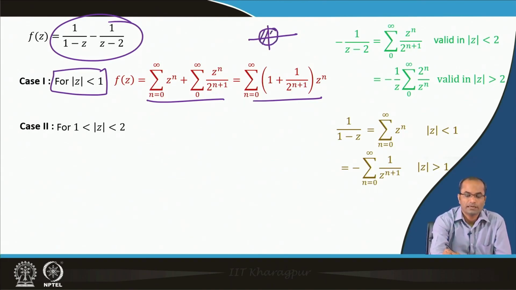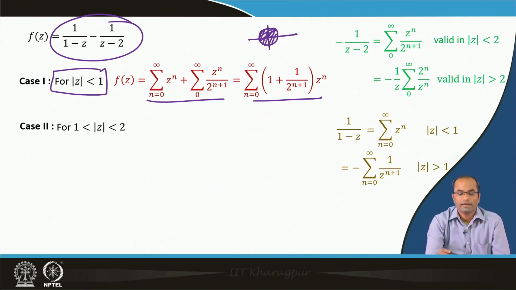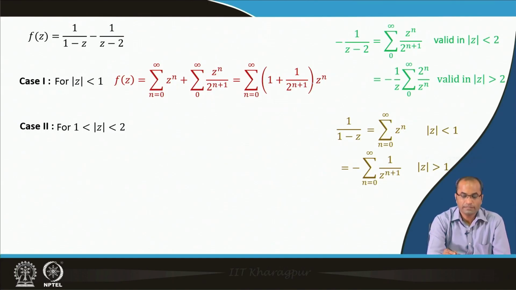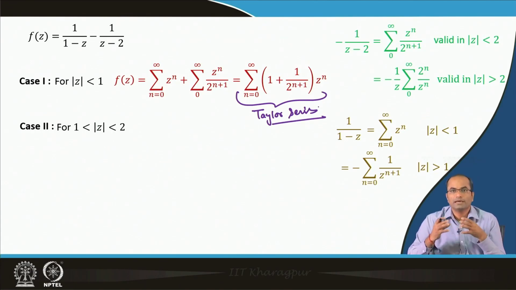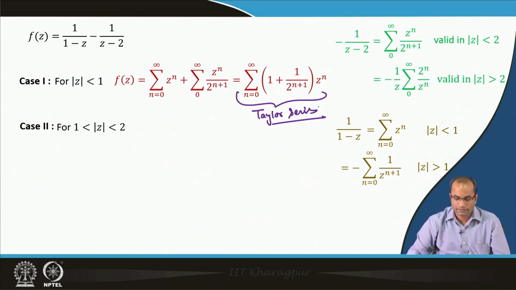The first point where the analyticity breaks down is z equal to 1. So, in mod z less than 1 the function is analytic, and hence we have the Taylor series expansion, because the function was analytic in that disk.